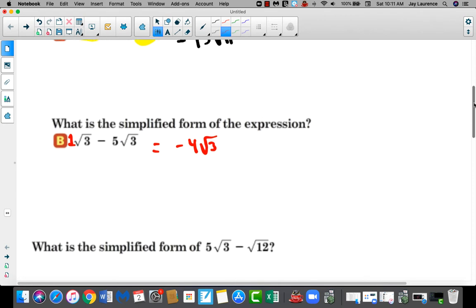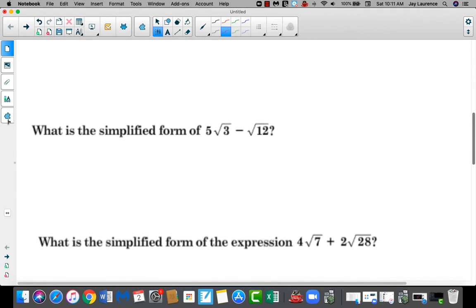So let's slide down to this problem here. I'll call it C. It doesn't have a letter, but now it does. And you're going to say, well, 5 rad 3 minus rad 12, they're not like terms. Not right now, they're not. But I can simplify rad 12. Rad 12 has a perfect square factor of 4 in it. 4 times 3, right?